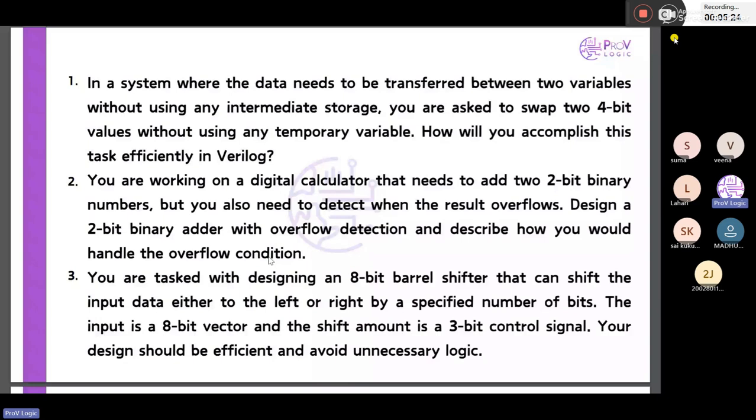So how are you going to shift this entire 8-bit data? We need to declare it using 7 down to 0, and a 3-bit shift variable, a temporary variable you can consider, and that 8-bit data will be shifted by that many bits. I already showed you how many times we need to shift, so you can use that same example here. Till here, any doubts?